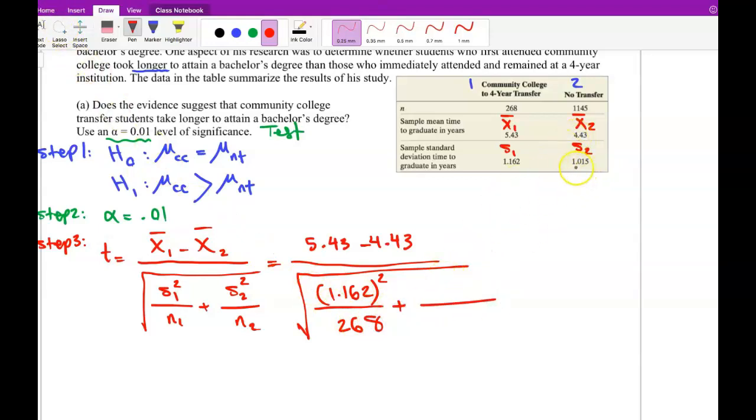plus 1.015 squared divided by n, which is 1145.